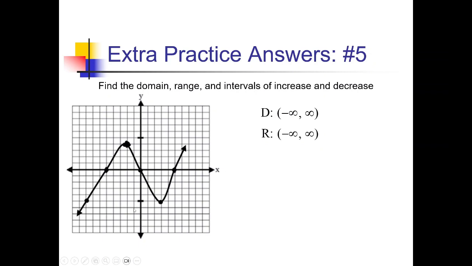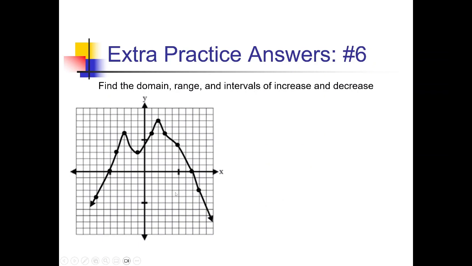For increasing, we're going up from -infinity to -2. And we're also going up from 3 to +infinity. So we need a union in there for all that. And then for the decrease, there's only one spot we're decreasing actually, from -2, comma, +3.